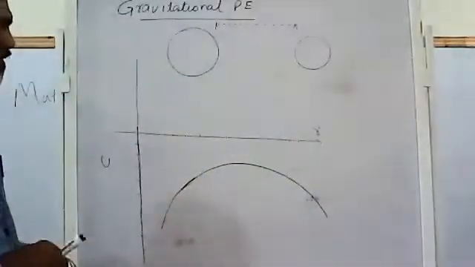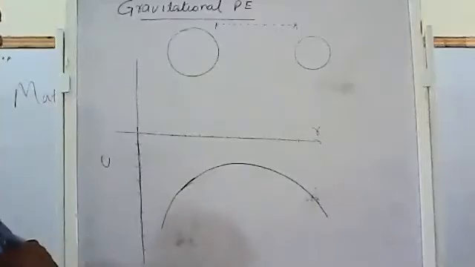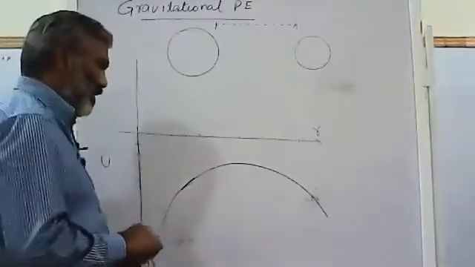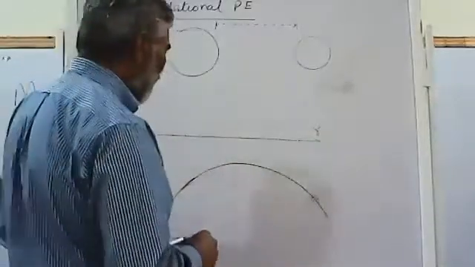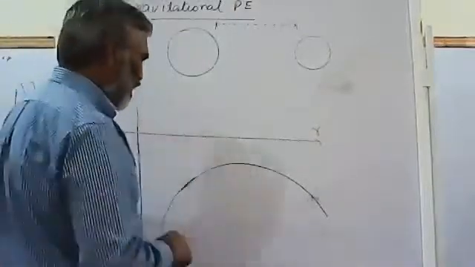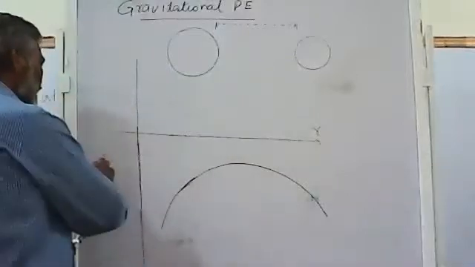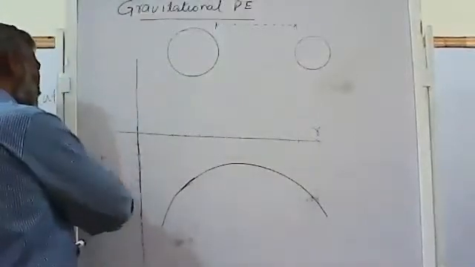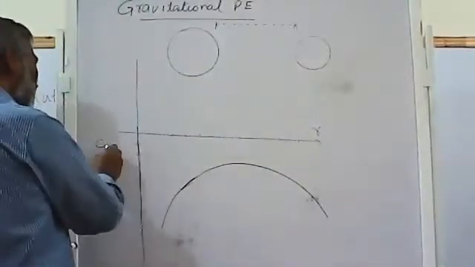That means the gravitational potential energy or gravitational potential, as I mentioned last time, the two values have a similar trend on the curve. If I take gravitational potential instead of potential energy, it will become phi.